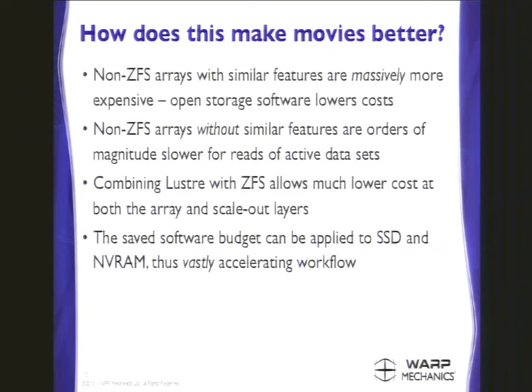Now, it would be one thing if they just pocket the money and call it a day, but I think the best way to do it is to spend that on more solid-state disks for read cache and more NVRAM modules for the write accelerators. We don't actually use SSDs for the ZFS intent log. We found that was a bad plan. They tend to burn up. So we actually use NVRAM modules that are in a SAS hard drive form factor.